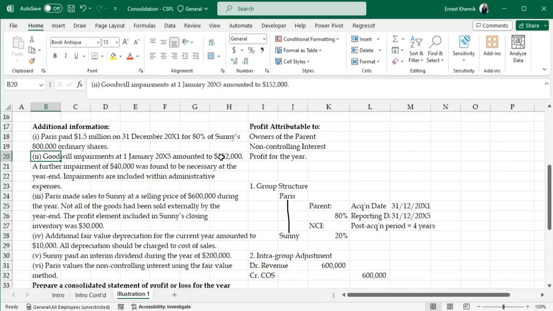But this is the statement of profit or loss, and we are considering only further impairment of the goodwill, and that is why we are using this 40,000 here. And so we have ignored this particular one, which would have been used in calculating the goodwill amount. But this further impairment is what is occurring within this particular year. So we are going to just pick the further impairment and leave the initial goodwill impairment here.